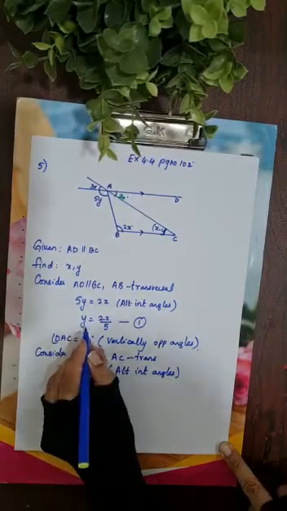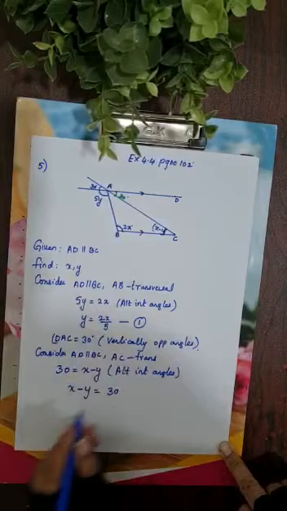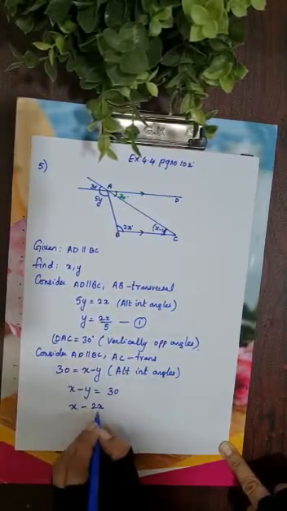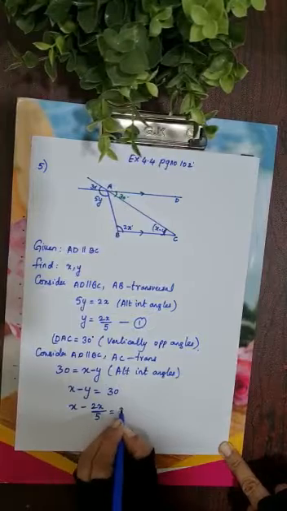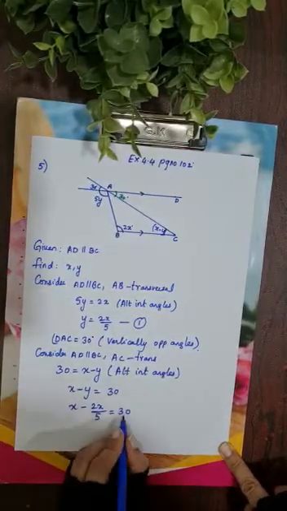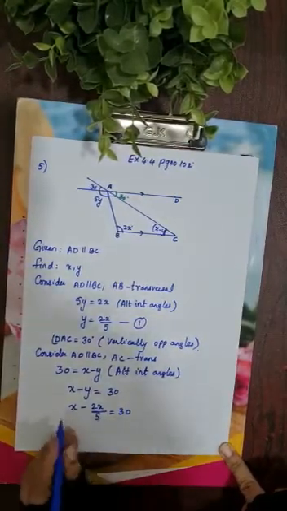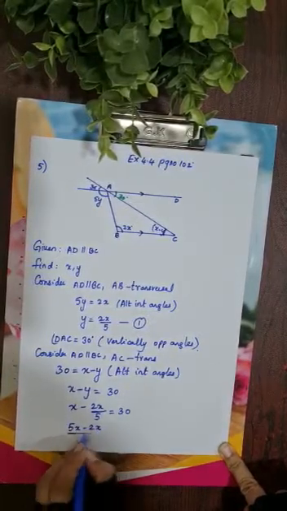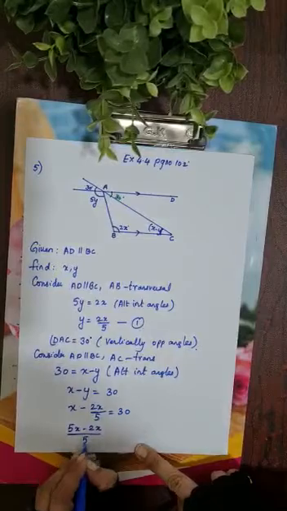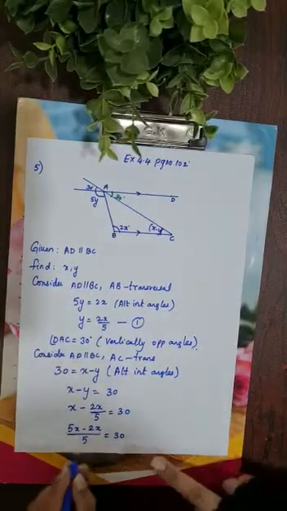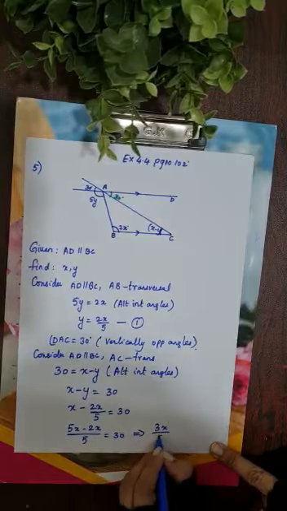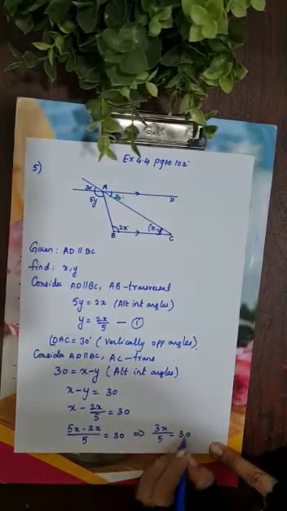We got the value of y as 2x by 5. Substituting here, x minus 2x by 5 is equal to 30. One equation, one unknown. We can find the value of x. Finding LCM, (5x minus 2x) by 5 is equal to 30. 5x minus 2x is nothing but 3x. 3x by 5 is equal to 30.